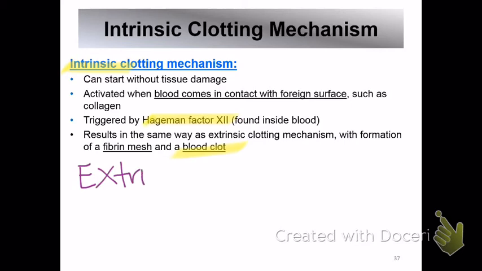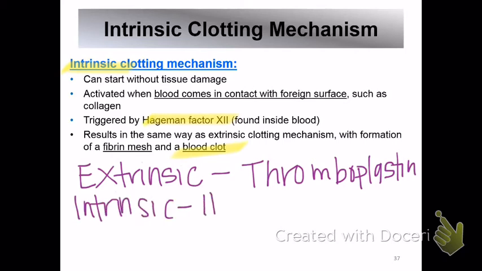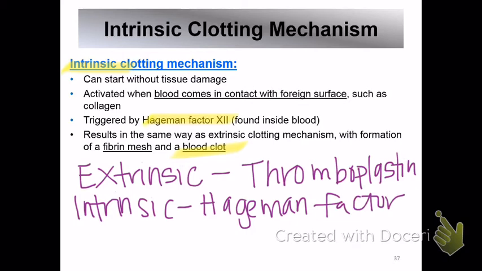Extrinsic was thromboplastin, while intrinsic is Hageman factor. So chemicals inside the blood trigger coagulation.